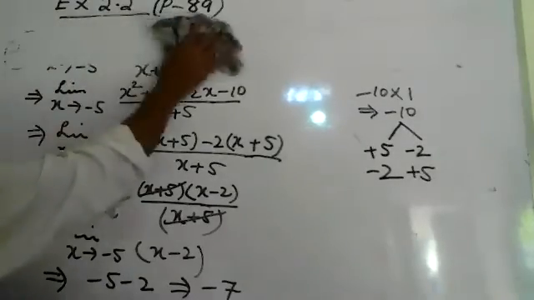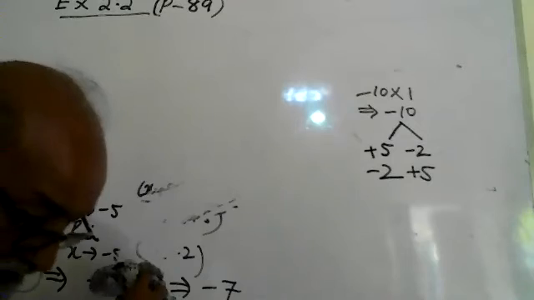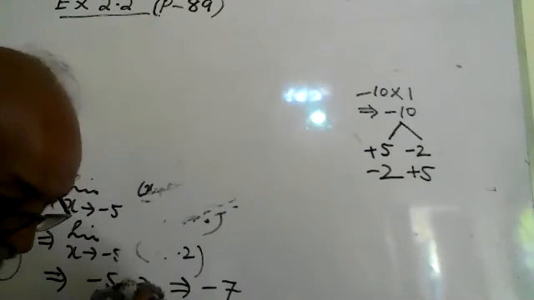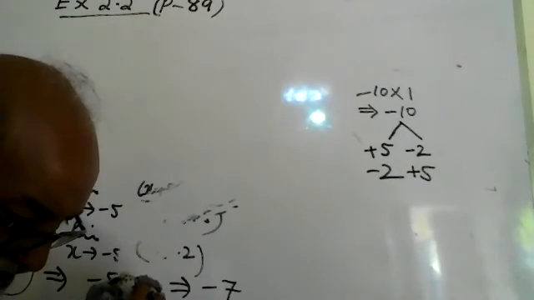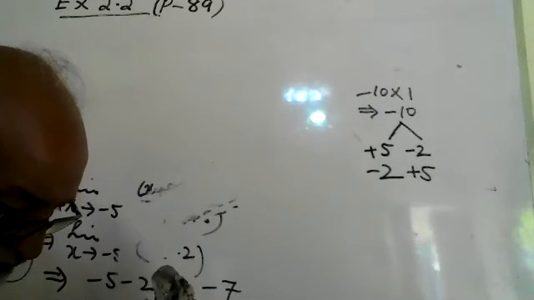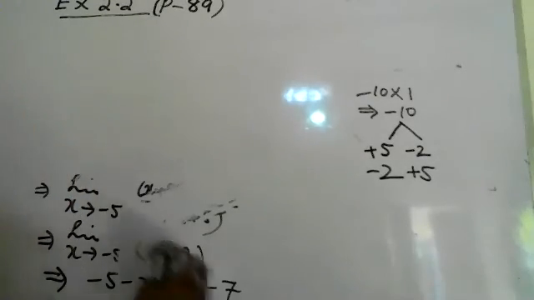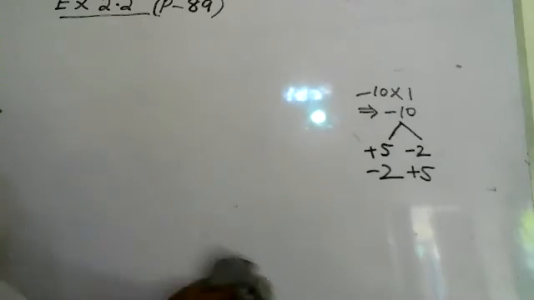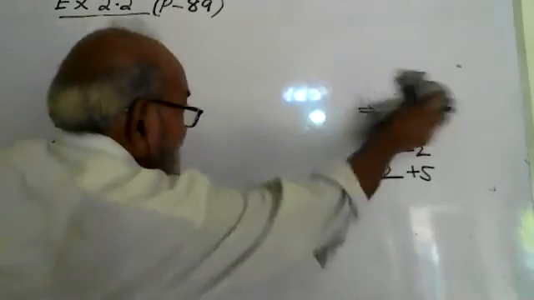Now in question number 23, you have to make the factors of both the terms, upper and lower. In question number 25, here also we will make the factors of both the terms, but I am doing question number 25.